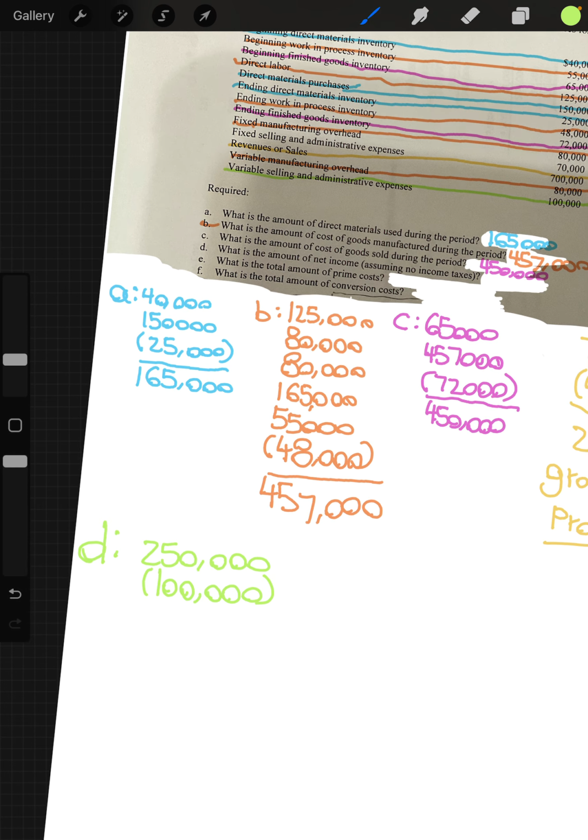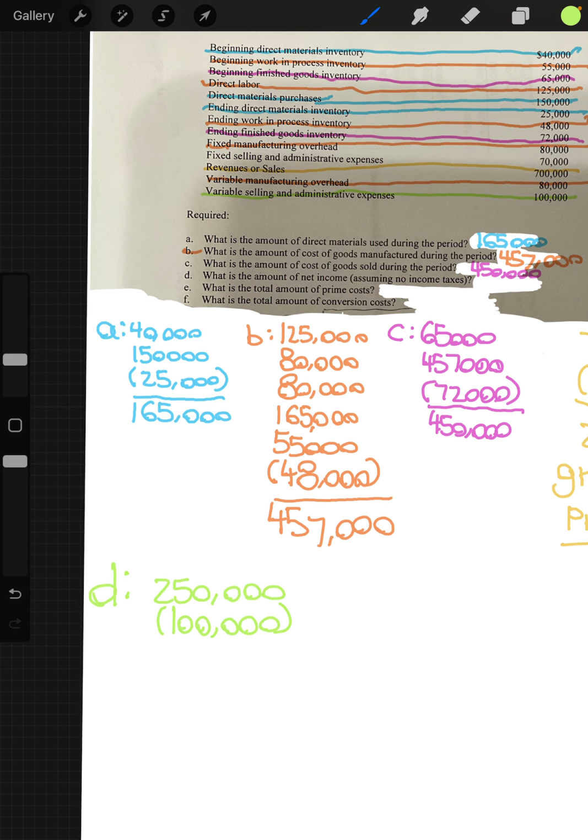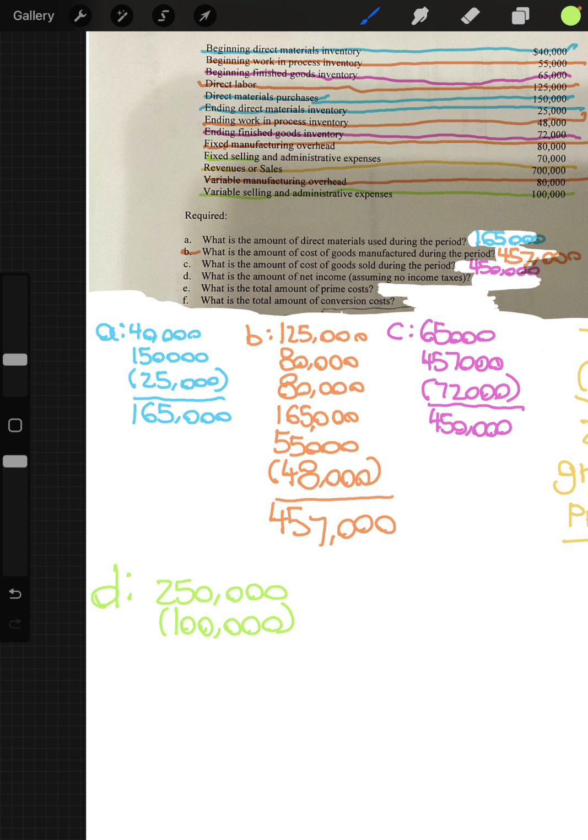And your fixed selling and administrative expenses, which is right here.